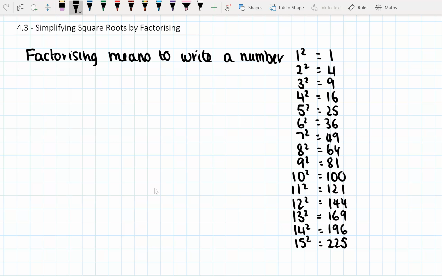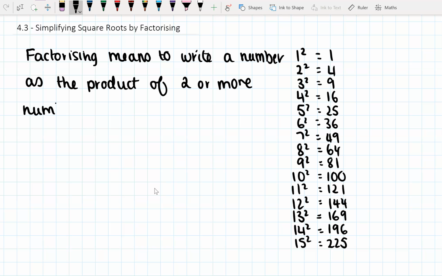So factorizing means to write a number as the product of 2 or more numbers. Okay, and again, that can be factors, expressions or terms, whatever. All right, so factorizing means that we write a number as the product of 2 or more numbers.